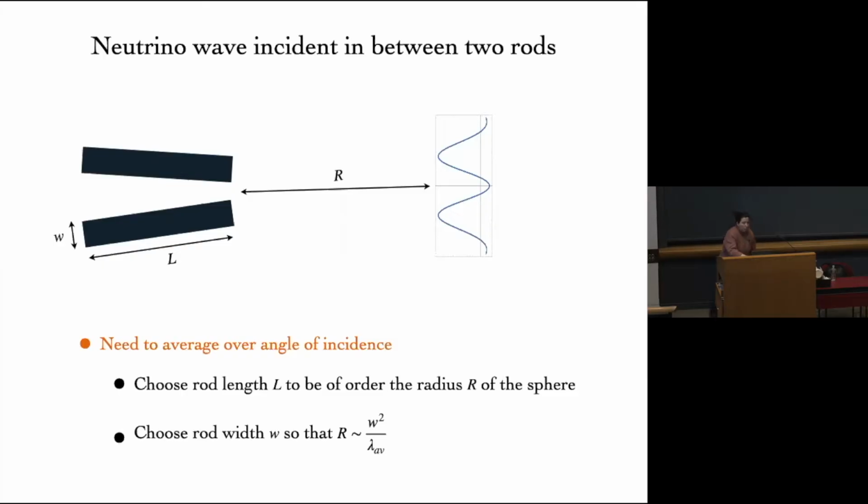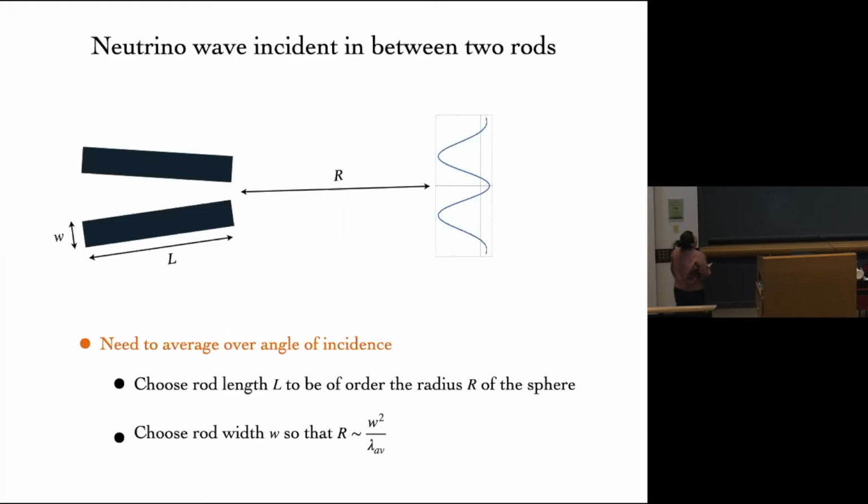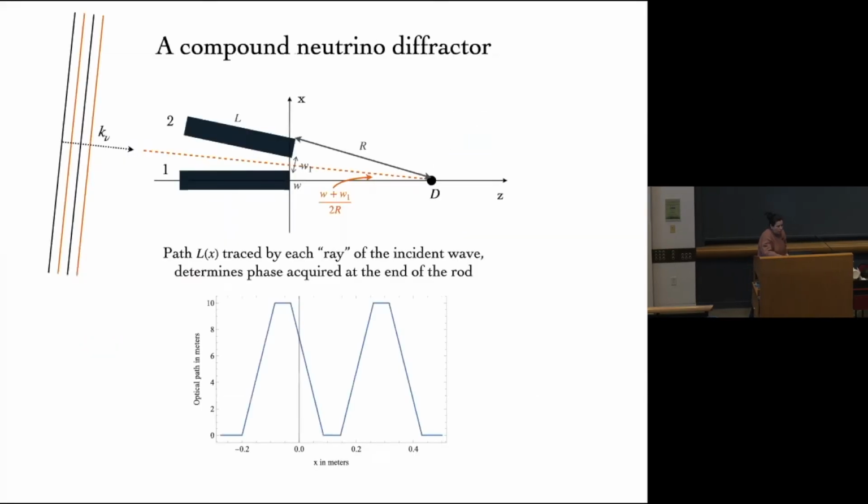So now we need to sum over all incidence angles, or average over all incidence angles. And we need to choose the rod again. Actually, I forgot to mention before, let's see if I can go back.